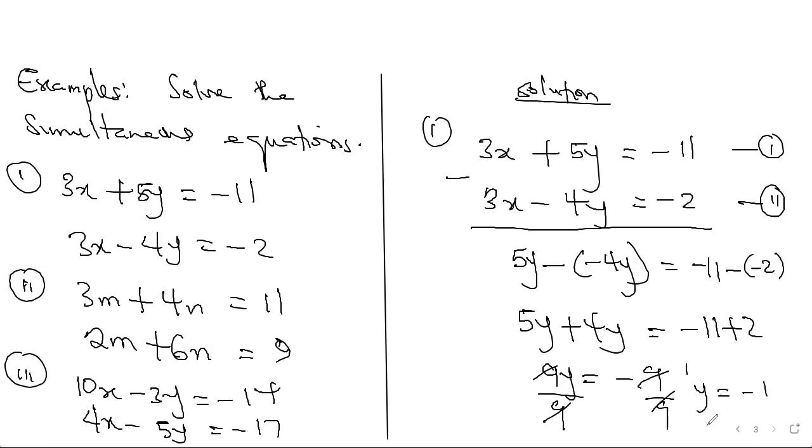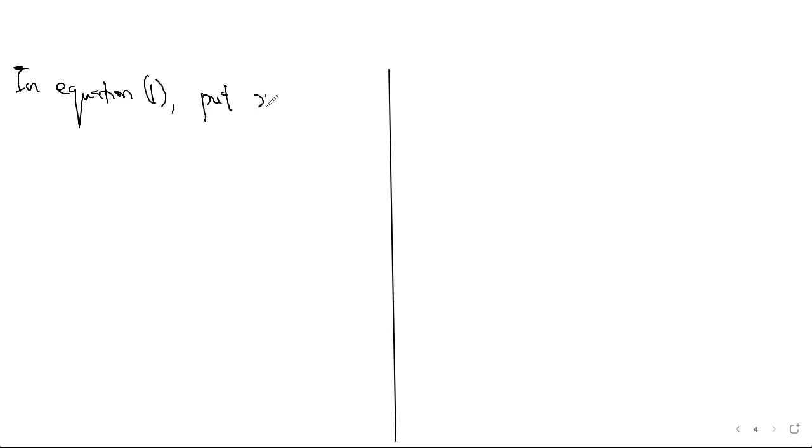Now that we have the value of y, we can get x by substituting the value of y into any of these equations. I can use equation 1, I can use equation 2 if I want. So let's say I want to use equation 1. So put y equals minus 1.